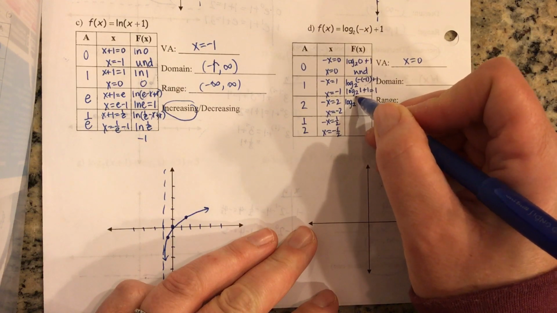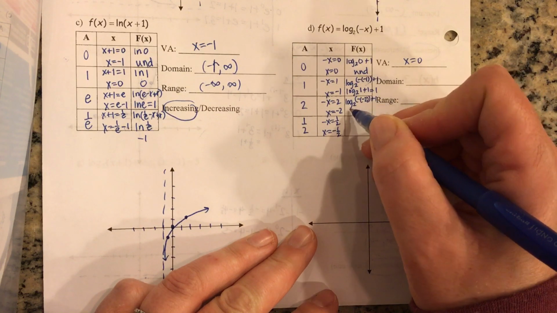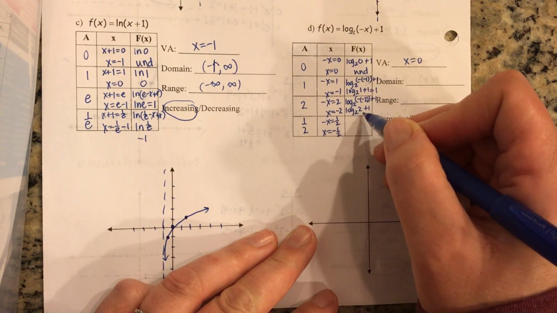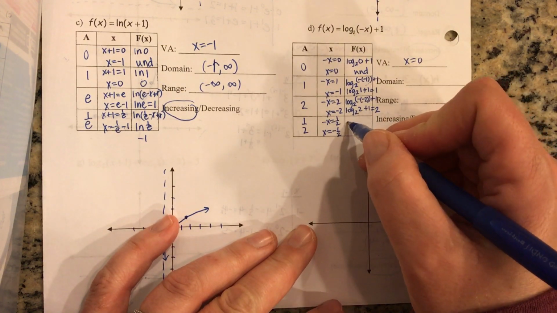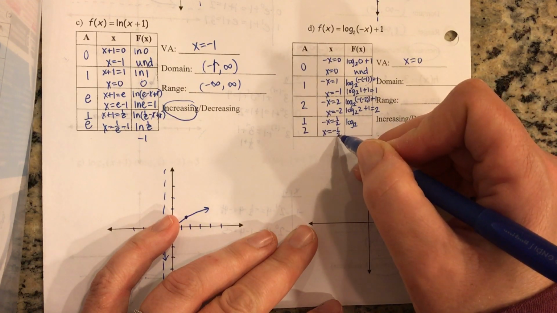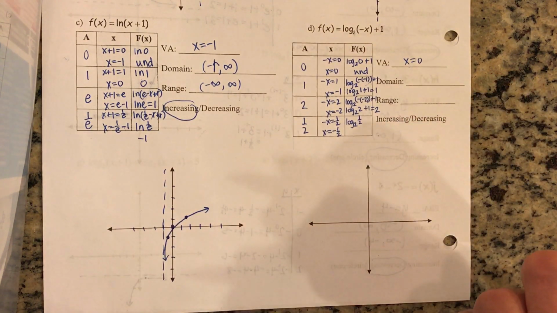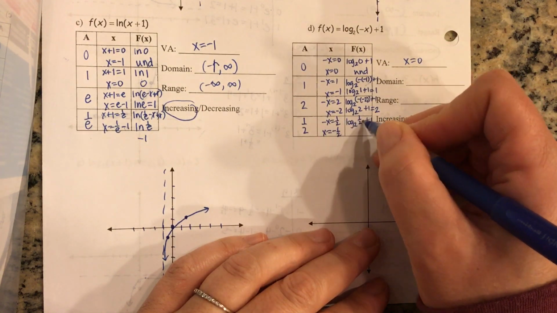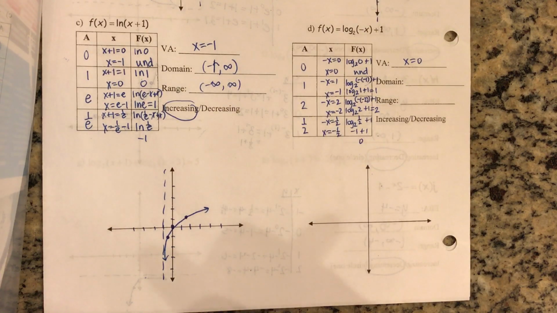Log base 2 of negative 2 plus 1. This is log base 2 of 2 plus 1. Log base 2 of 2 is 1, plus 1 equals 2. Good Lord, that was hard. Log base 2 of negative 1/2. I'm going to hope that you understand that that's minus a negative, which is positive 1/2, plus 1. This right here is a negative 1 plus 1, which makes this 0.